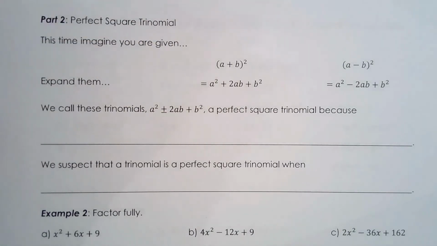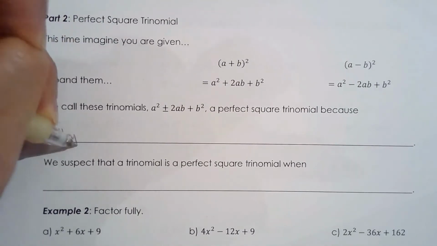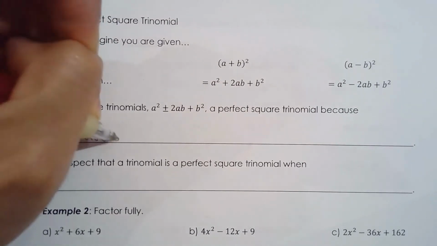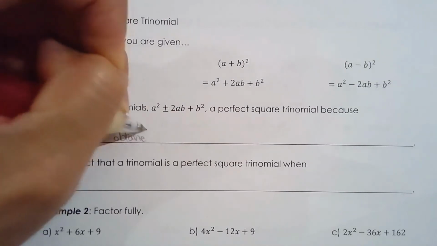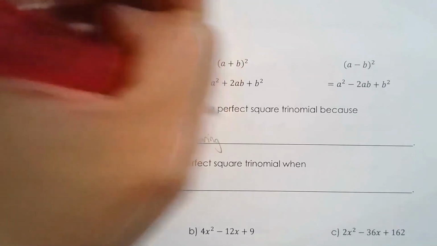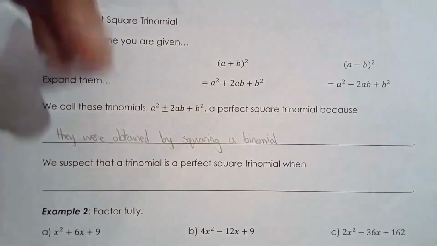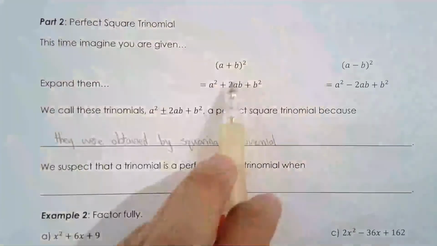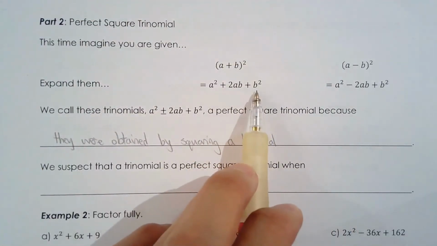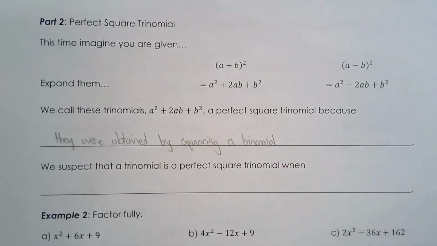We call it a perfect square trinomial because they were obtained by squaring a binomial, right? The only way to get one of these expressions, whether it's a squared plus 2ab plus b squared or a squared minus 2ab plus b squared, is if you squared a binomial.